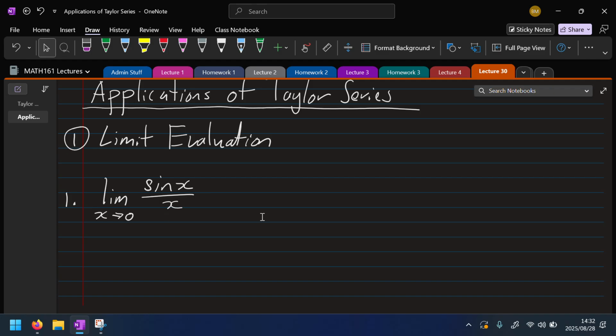Okay, so firstly, what do we notice? Here we have x going to 0. So in the limit as x goes to 0, we know x is getting smaller and smaller. Okay, so that's the first thing. So here x going to 0 means x is getting smaller and smaller in that limit process.